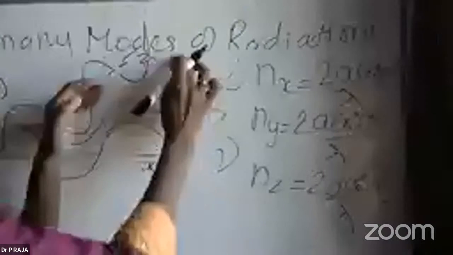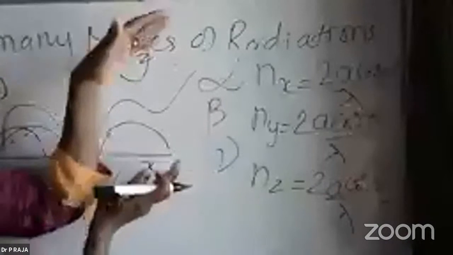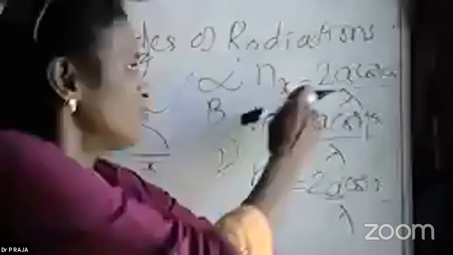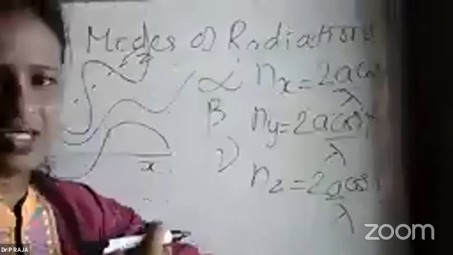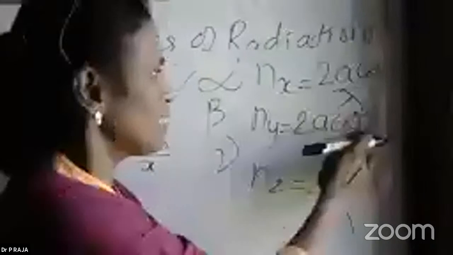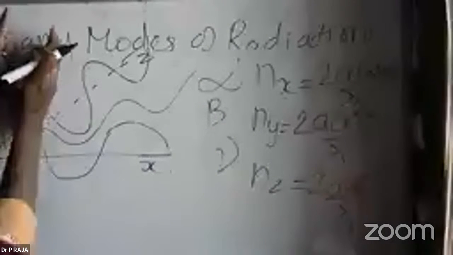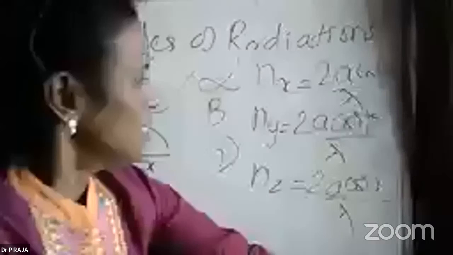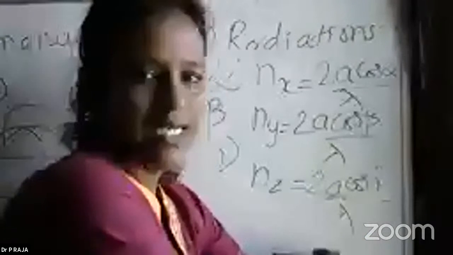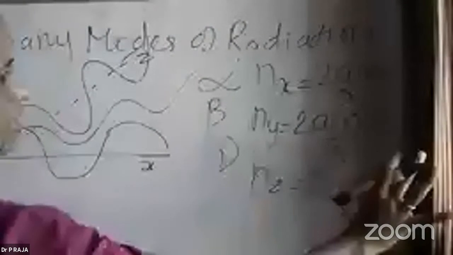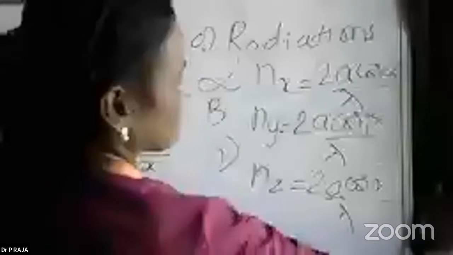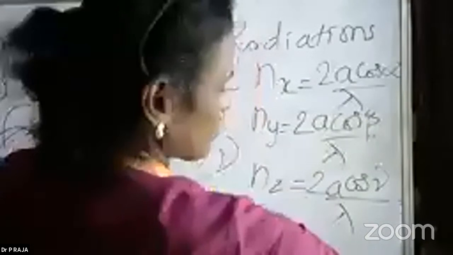Whatever waves are traveling between the x and y direction, I'm putting as cos alpha; whatever waves are traveling between y and the other direction, I'm putting as cos beta; whatever wave is traveling between the remaining direction, cos gamma by lambda. Including all the waves, we are including these angle factors in the equation.